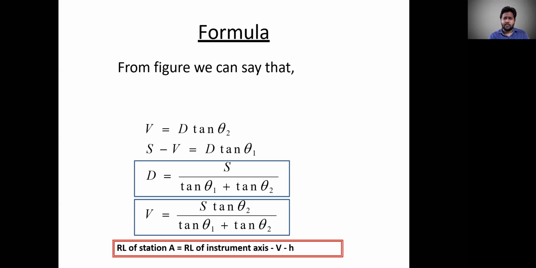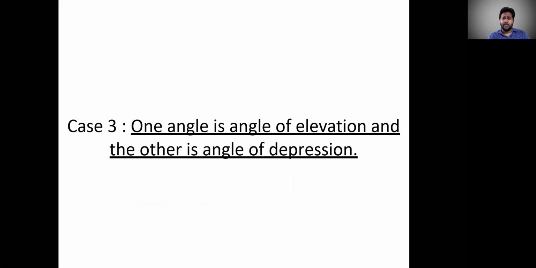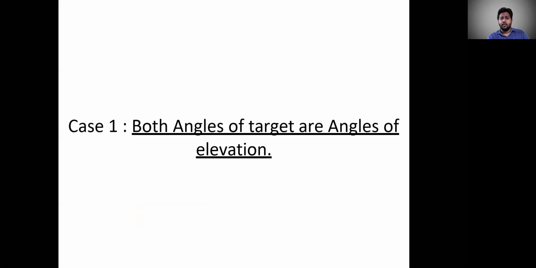All these 3 cases we are going to observe when you are solving the problems. Whenever you are solving these three cases, you should identify them properly, and you should know what formula we need to take while solving the problem. While solving your problems, first you should read the problem thoroughly.